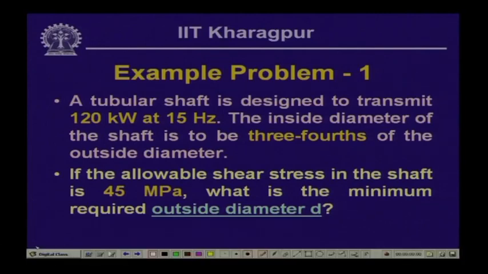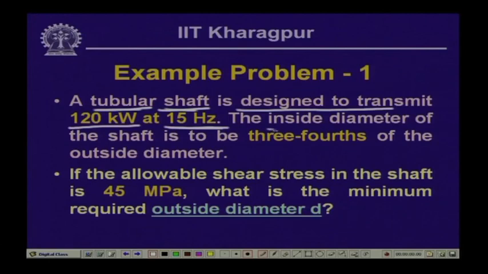Well, the first example is the one which I had posed last time, and I am sure you have done it. We discussed last time that shafts are generally used to transmit power, and in this particular case a tubular shaft is designed to transmit 120 kilowatt power at a frequency of 15 hertz.